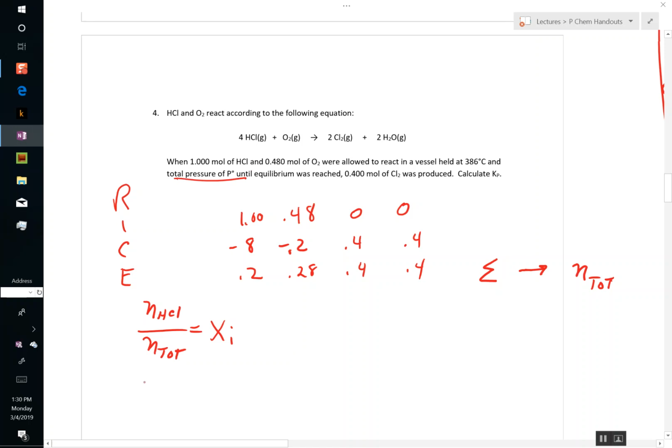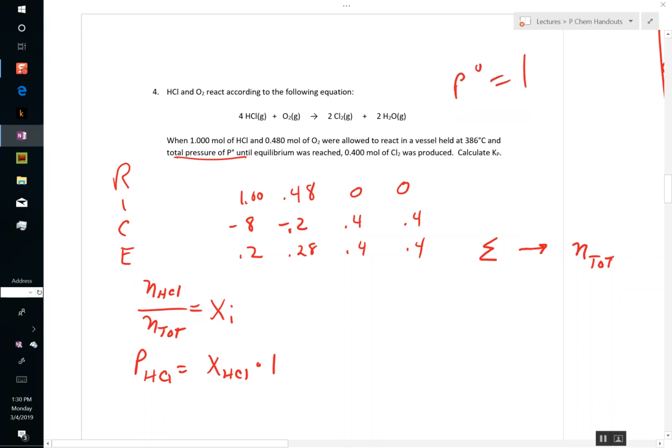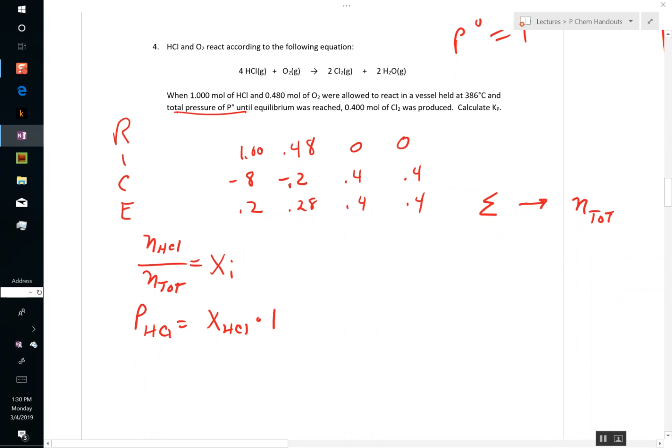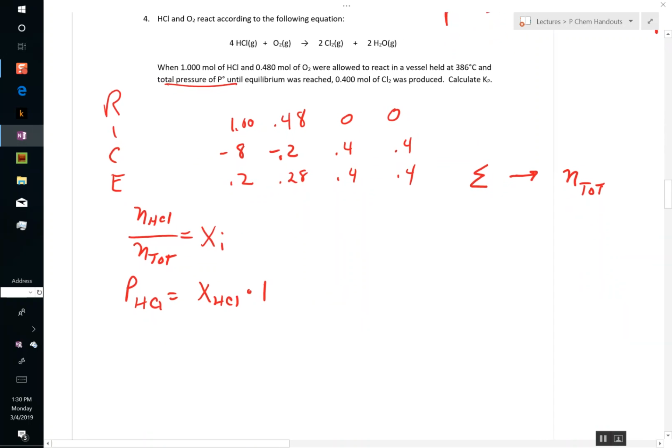So the partial pressure of HCl is going to equal the mole fraction of HCl times 1. That's going to get you your Q or your K when you figure out the partial pressures for all of those.